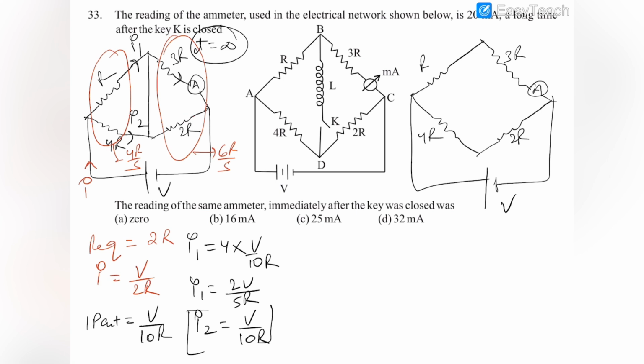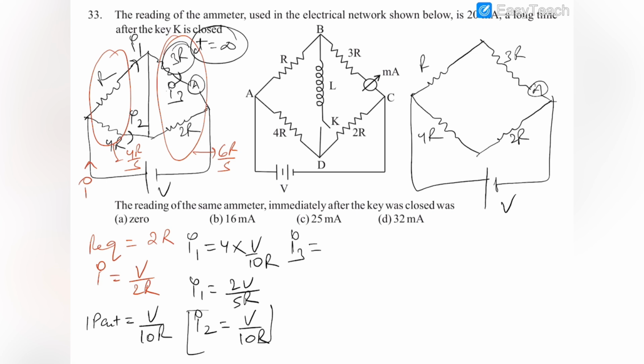So let's suppose that the current flowing through this resistance is I3, and therefore we can say that I3 will be, again you can take the ratio, which is 3:2, and you can add up the ratio. So again the one part would be equal to V by 10R, and from this resistance the current I3 will be proportional to this resistance.